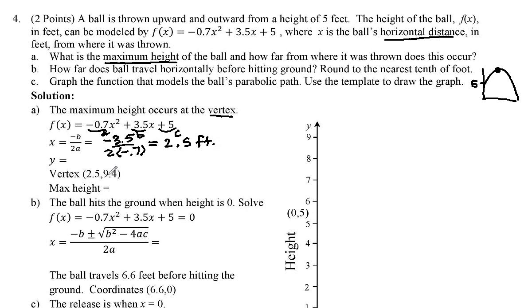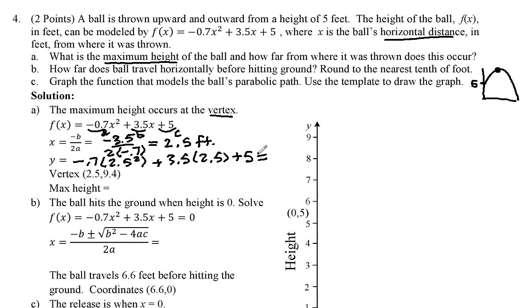And then the y-coordinate, we want the y-coordinate to go with that. We just plug 2.5 in here. Okay, so negative 0.7 and multiplying by 2.5 squared. And then plus 3.5 times 2.5. And then add 5 onto the end.